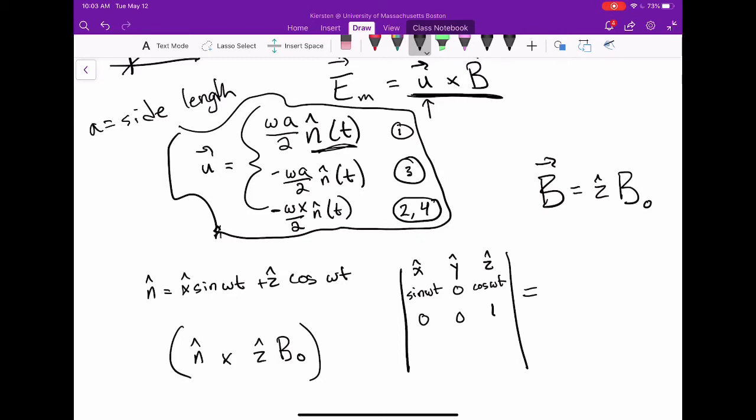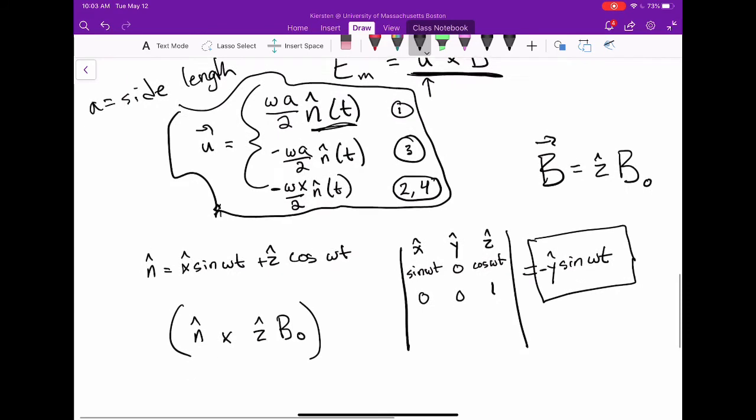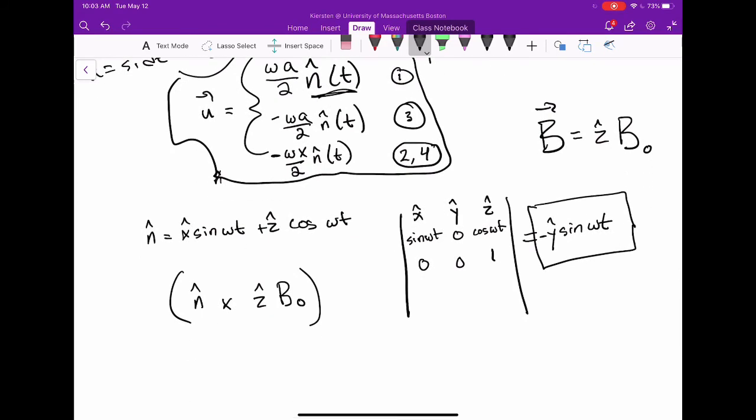I'm going to get a y component that is negative sine omega t, minus y hat sine omega t, and no z component. So that is the cross product of those two unit vectors. So n hat cross z b naught, if I put in the amplitude of b naught there, then I'm just going to get a b naught on the end.